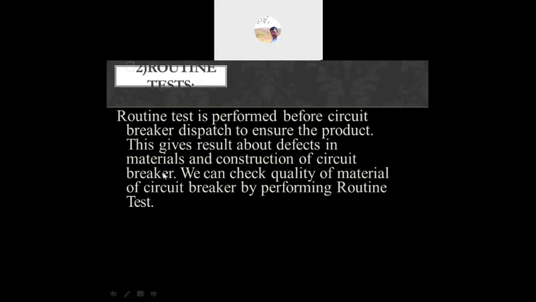It checks whether the materials are performing properly, whether all materials and devices are connected correctly and perfectly. That will be checked by quality maintenance.